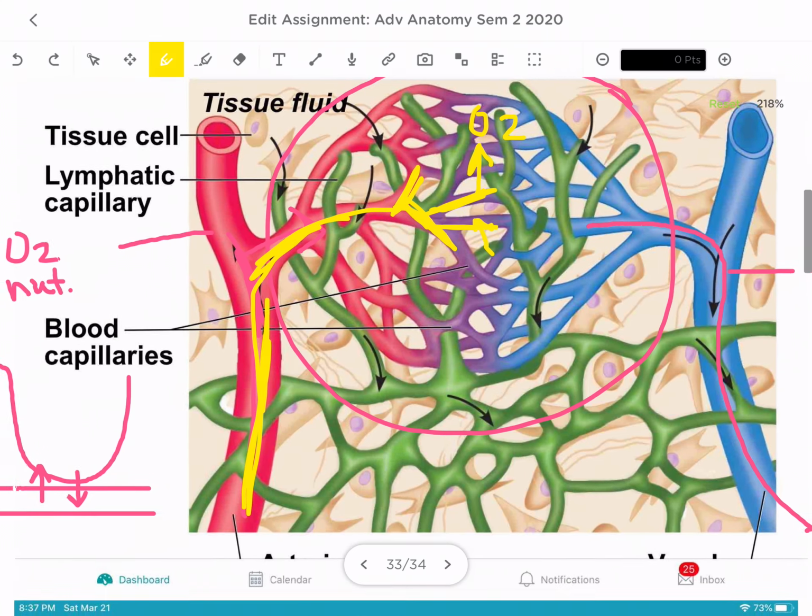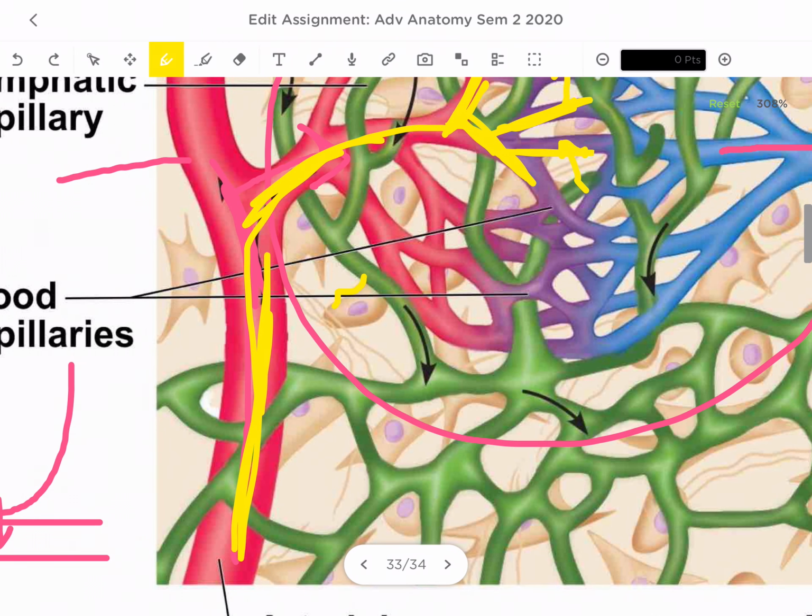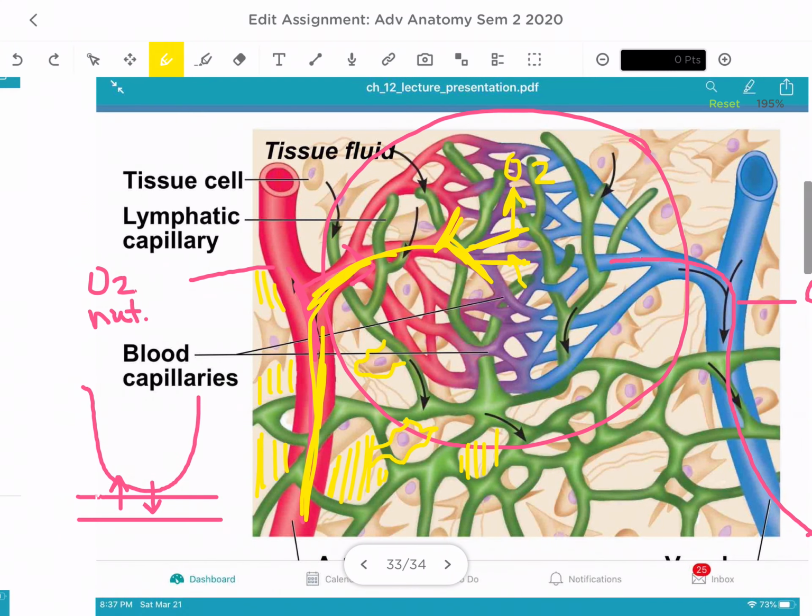And if you look in the background here, you can see cells, and something else you can see is all this space. This space is called interstitial space. And interstitial space is just a nice way to say space between the cells.